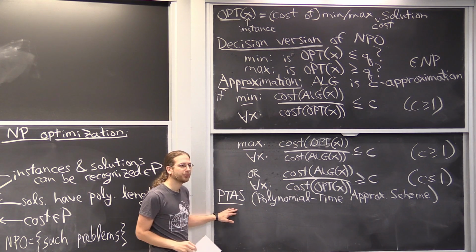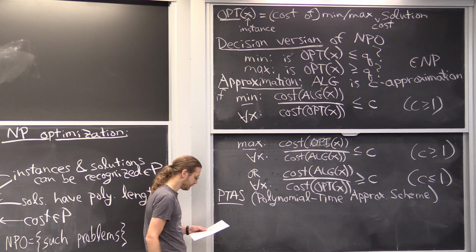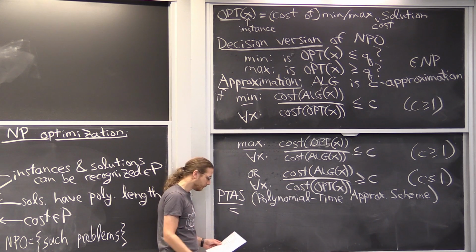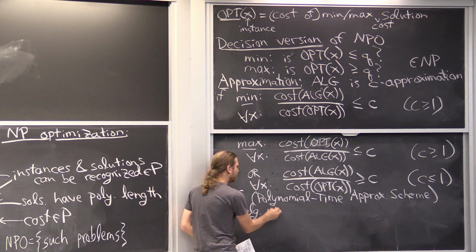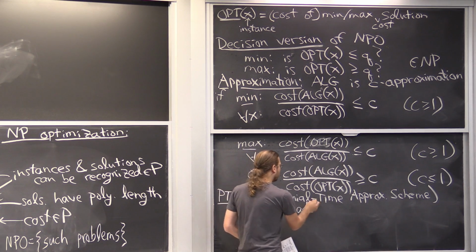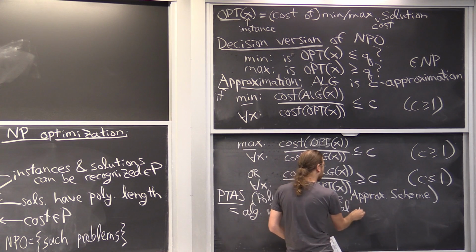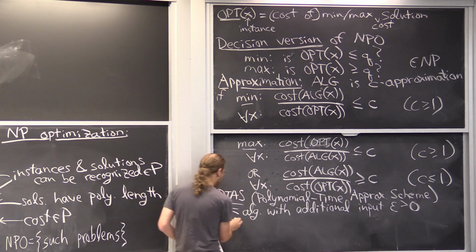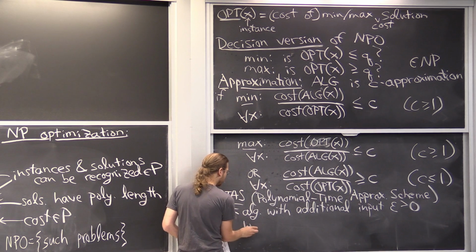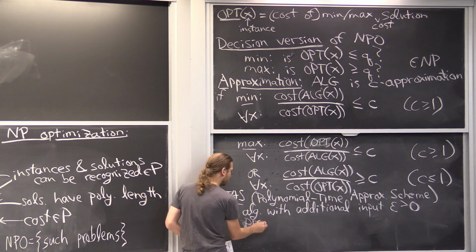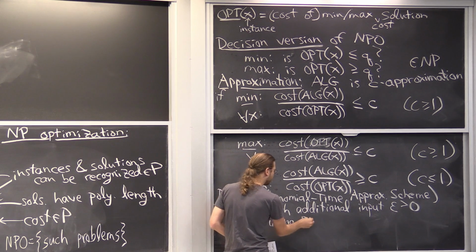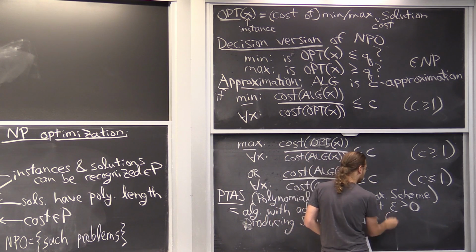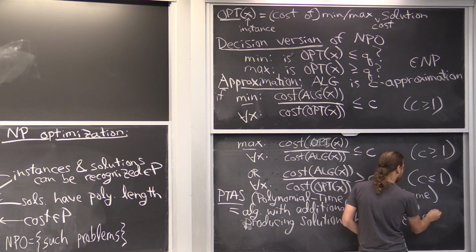You can think of this as a 1 plus epsilon approximation for any epsilon, or as an algorithm that given epsilon produces a 1 plus epsilon approximation algorithm, or as an algorithm with an additional input, not just the instance, but also a value epsilon, say a rational epsilon greater than 0, and it produces a solution that's a 1 plus epsilon approximation.